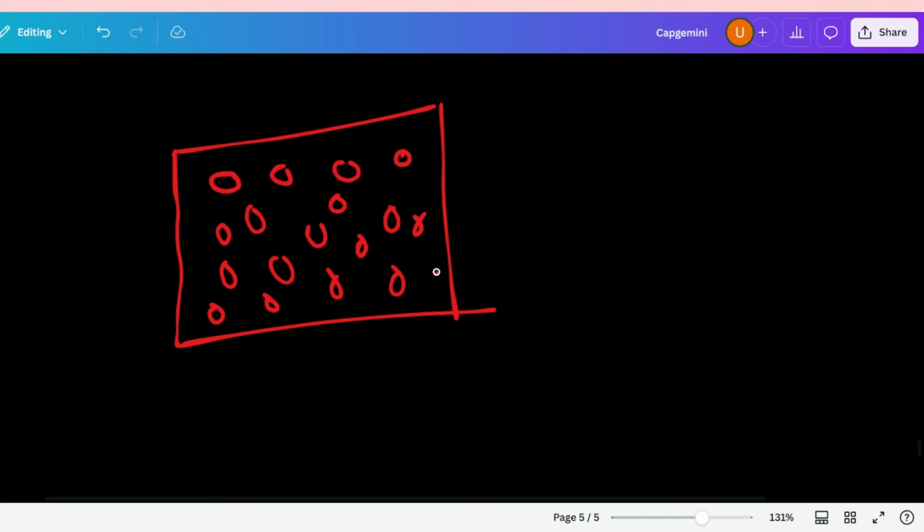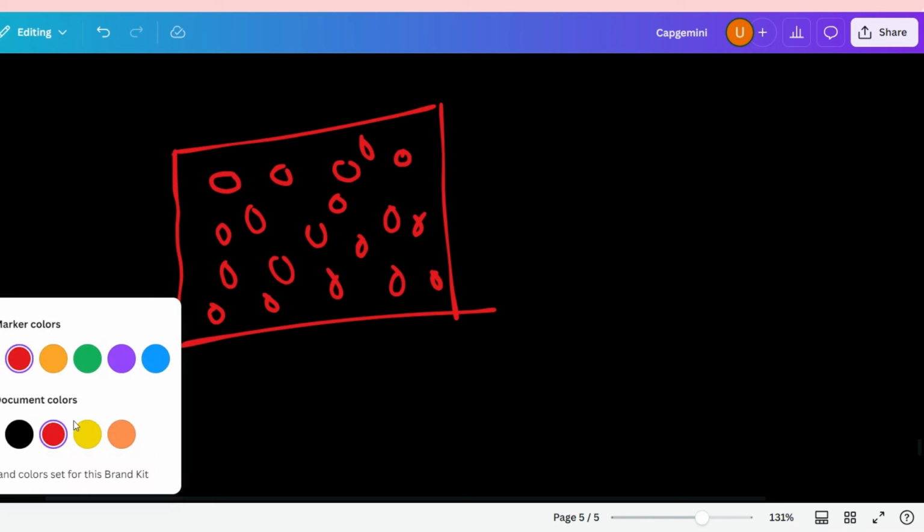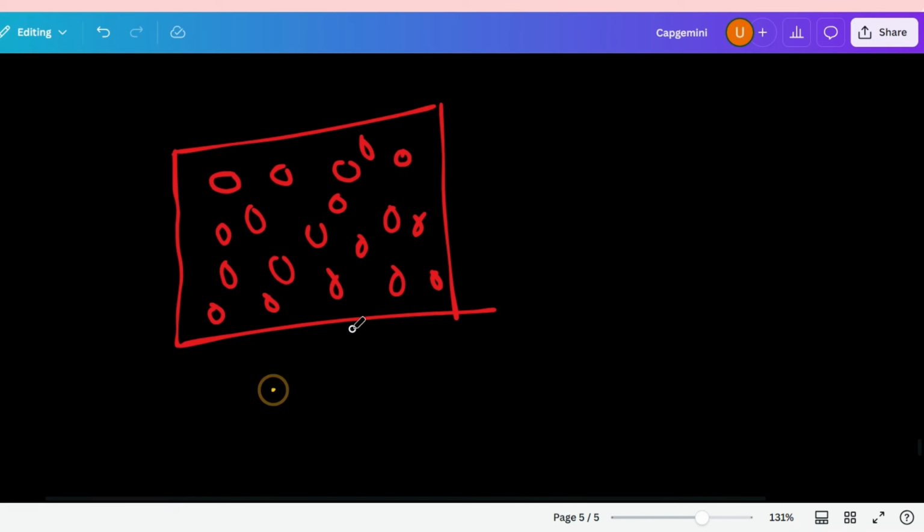So there will be various empty circles, and they will highlight one. Sorry, let me just change the color of the pen. So they will randomly highlight one circle. So at first this one, then this one, then this one, then this one.